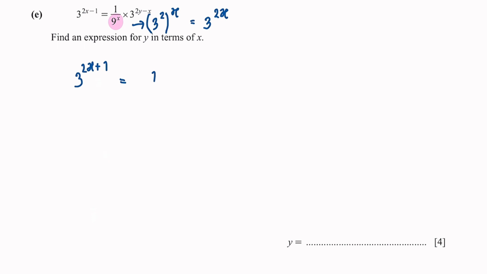So 1 over 3 power 2x multiply 3 power 2y minus x.